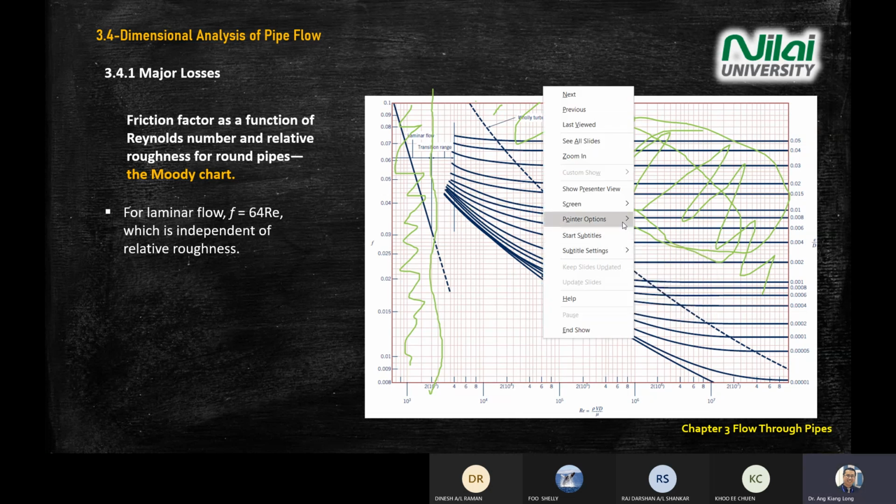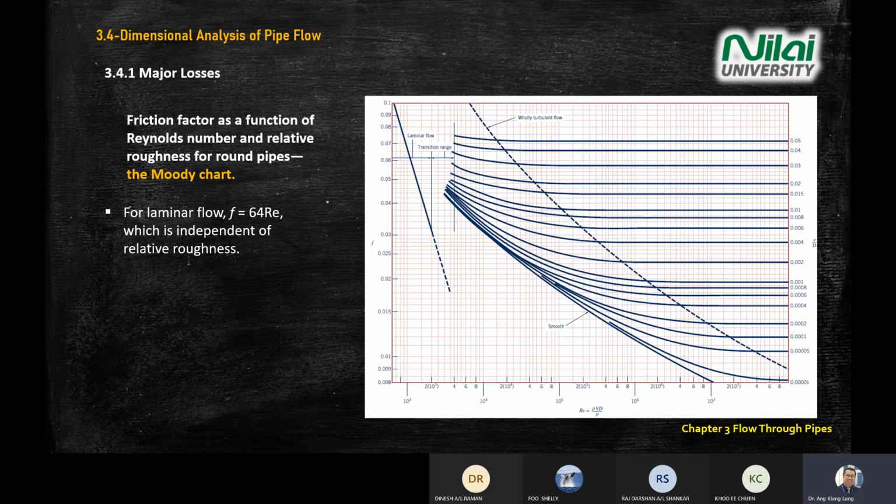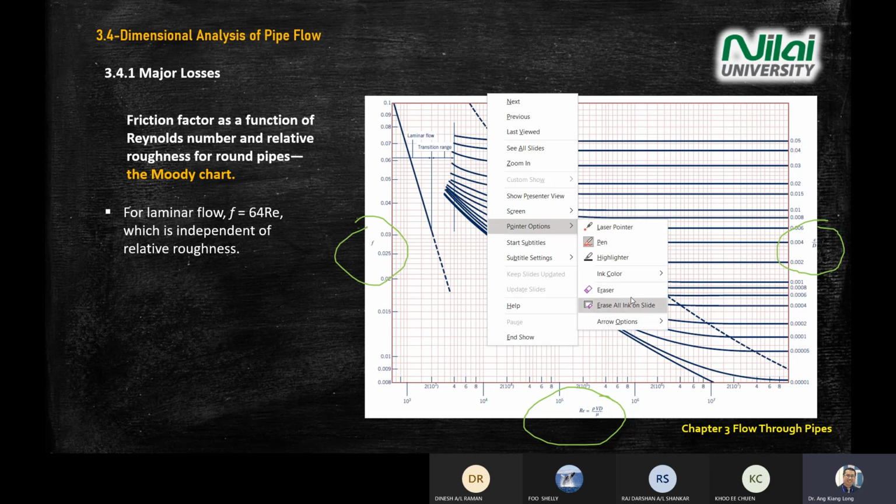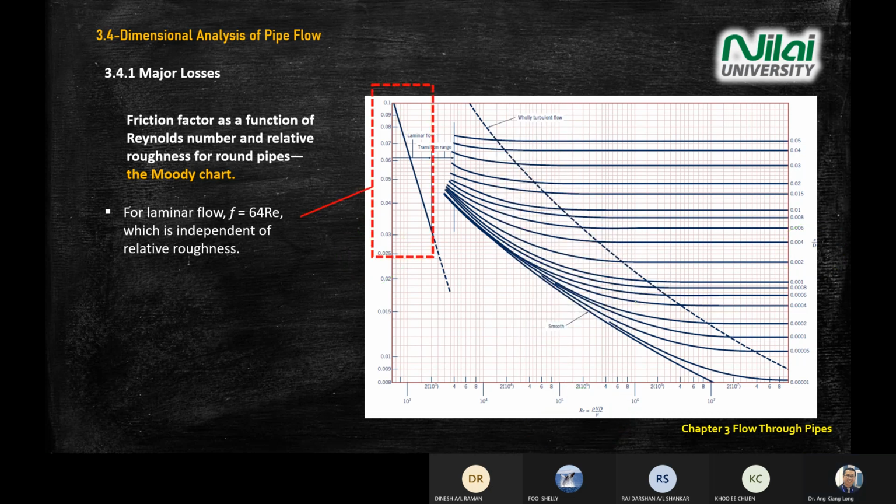Okay, we are clear on the Moody chart already. The Moody chart has three axes: friction factor, Reynolds number, and equivalent roughness divided by D, and we can solve. So how do we use this chart to solve a question?